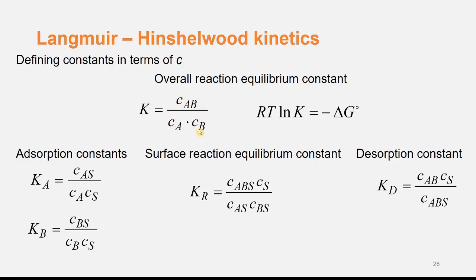It is very easy to measure. In fact, for a given temperature, it can be calculated from the Gibbs free energy. We need to do some algebraic juggling to relate them all and put our rate expression in terms of the overall equilibrium constant and the adsorption constants.